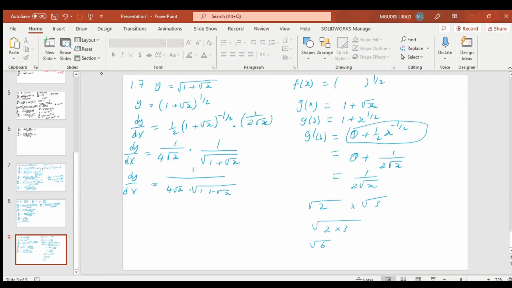So here we multiply what is inside as well. dy over dx is equal to 1 over 4 times the square root of x times 1 plus root x, and this is the final answer.